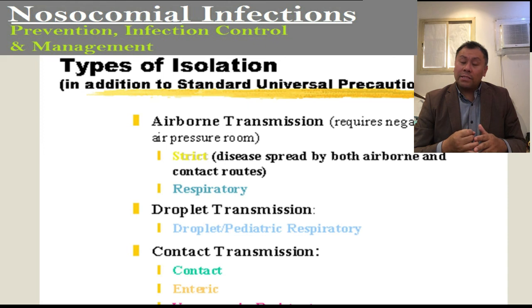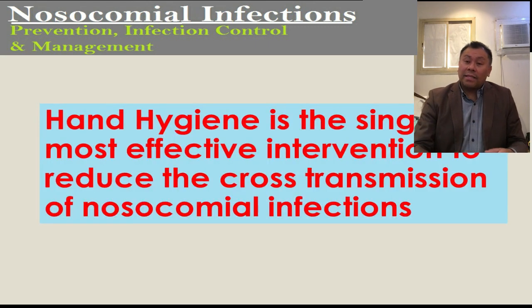When you say airborne transmission, the portal of entry and exit is respiratory. We have droplet transmission, for example pediatric respiratory. We have contact transmission, for contact or enteric or any vancomycin-resistant patient.